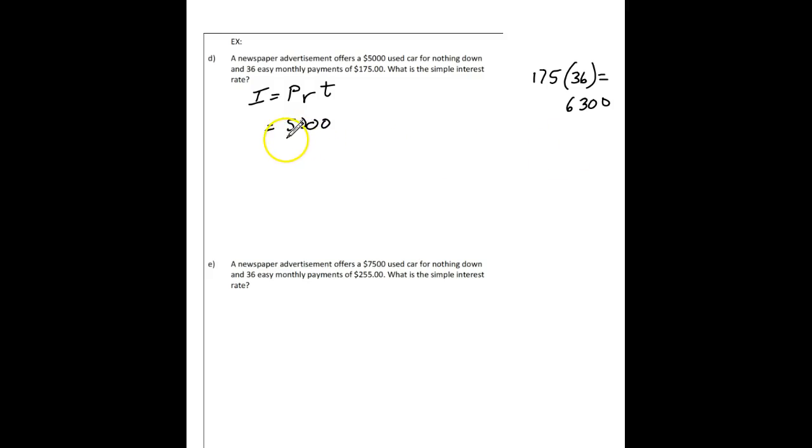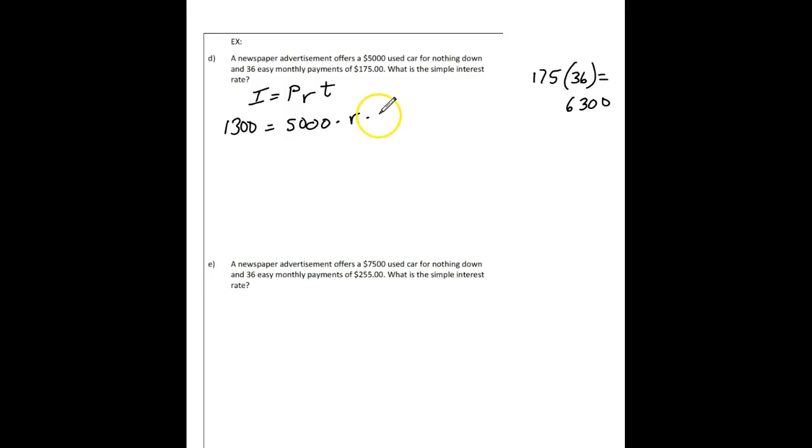Well, if the car costs $5,000 and we paid a total of $6,300, how much of it was interest? Well, that extra $1,300 was our interest, okay? So we don't know the rate, that's what we're trying to figure out.